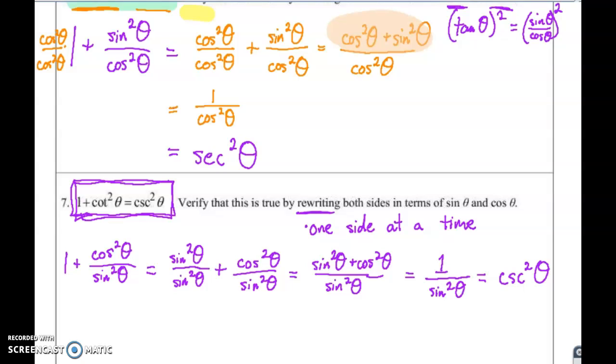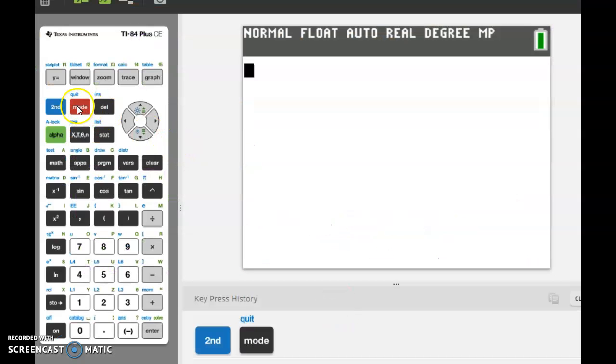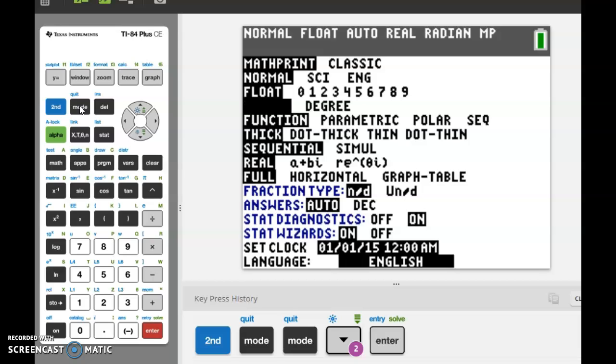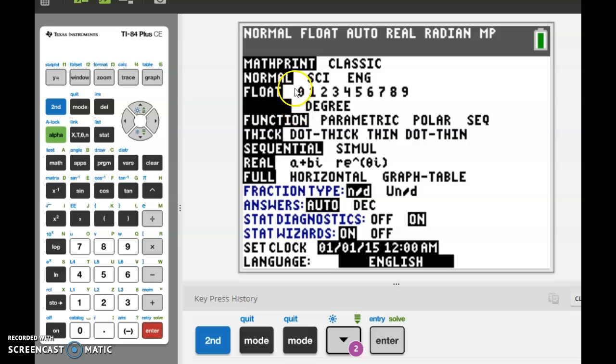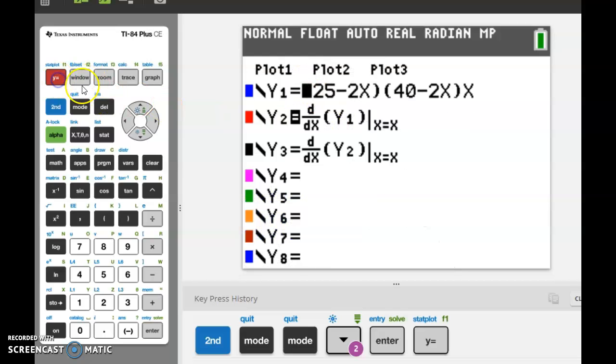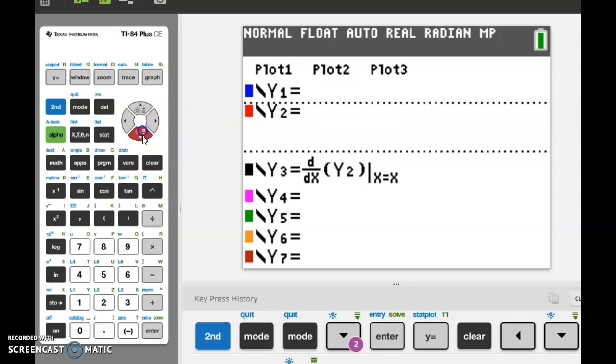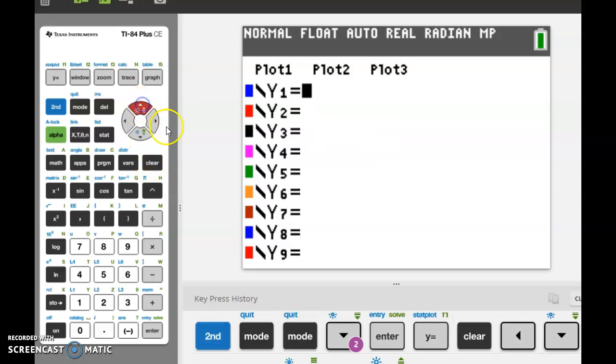Let me pull up a calculator real quick just to show you a way that you can double check. Now, this is not a proof what I'm about to show you, but it's a way that you can double check that you have the right answer. So, pulling up a calculator, now that we are past everything, we do want to be in radians. Don't mind all this, this is stuff for calculus, which I'm probably going to regret deleting.